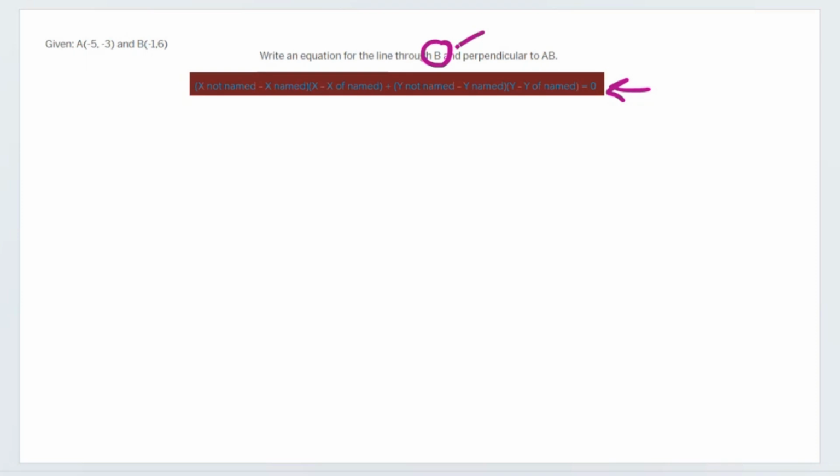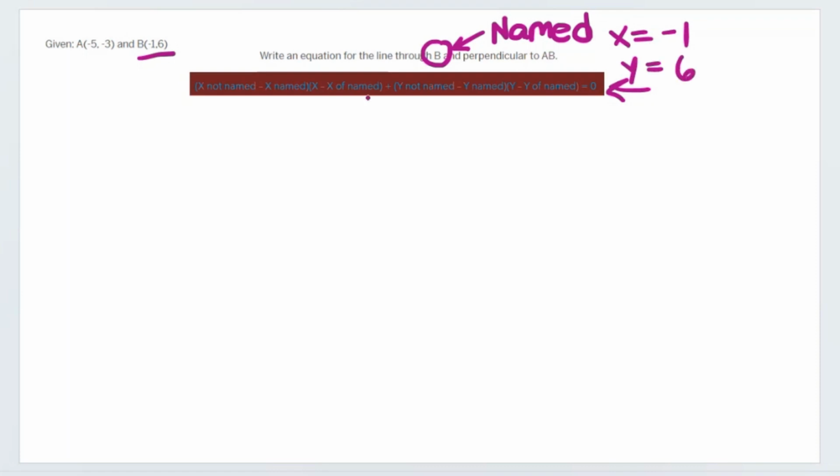They name B in the problem. So B is going to be my named point. Now, for my named point, I want to know the X and Y, so I'm going to go over to B. The X is -1 and the Y is going to be 6.